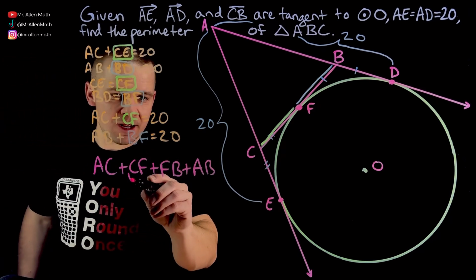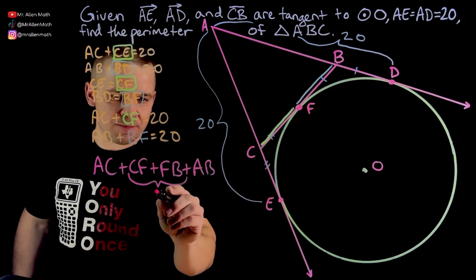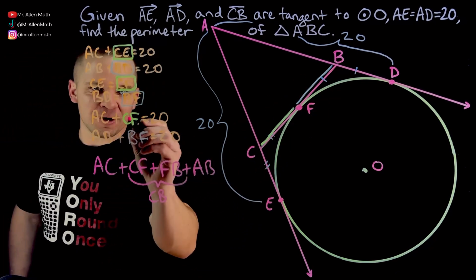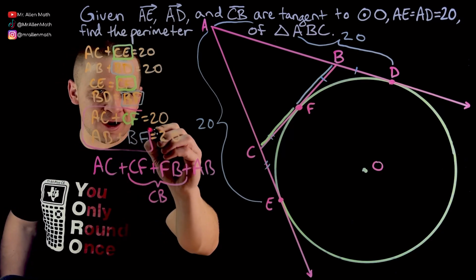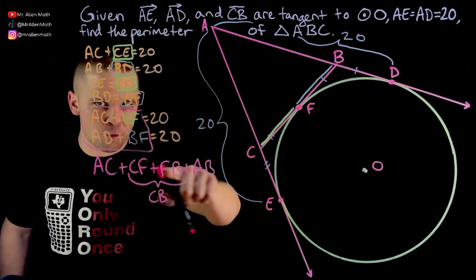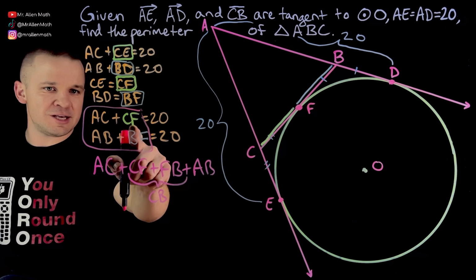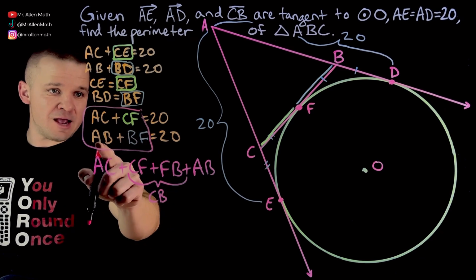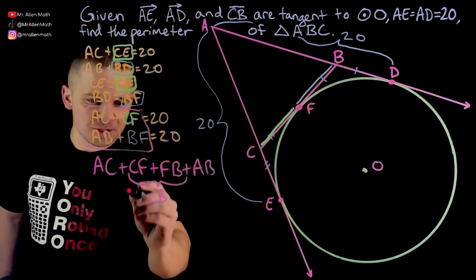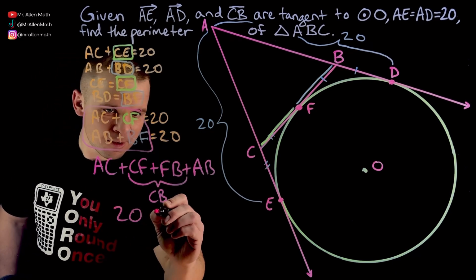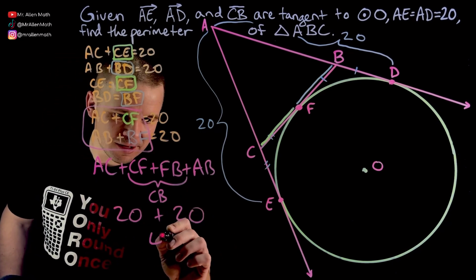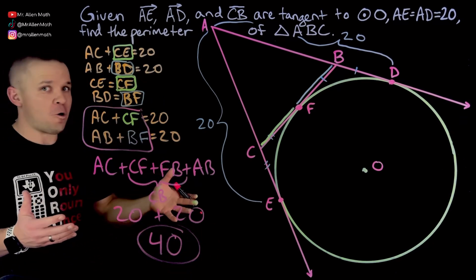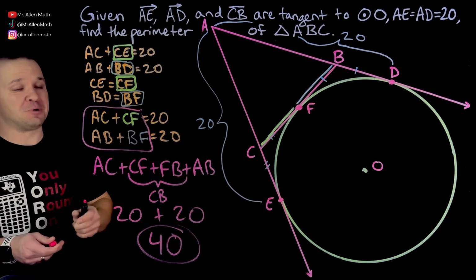This is just side CB, but I broke it into two parts. Well, if I take all of this, AC plus CF plus BF, or FB, plus AB, boom, all of those right there, this is going to be 20 plus 20 equals 40. That's pretty dope.